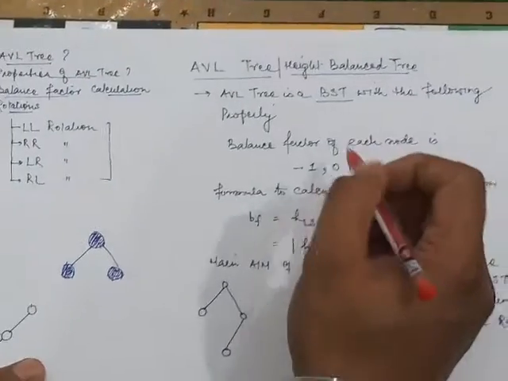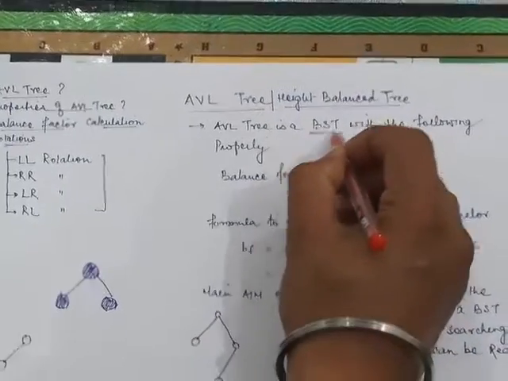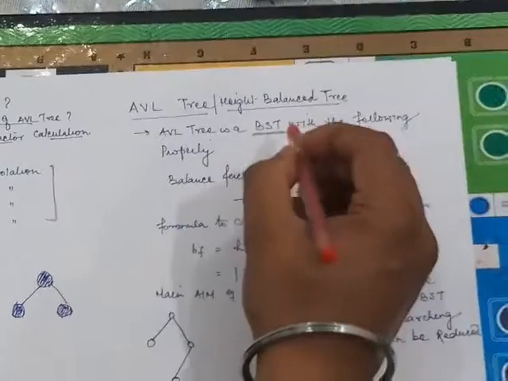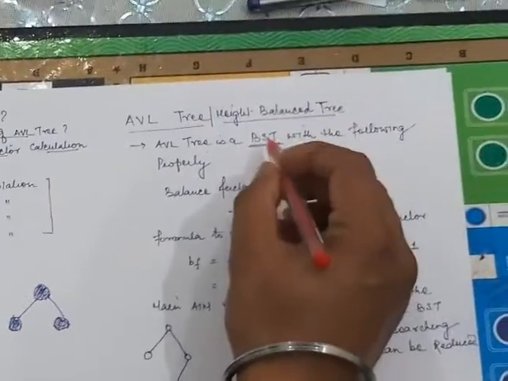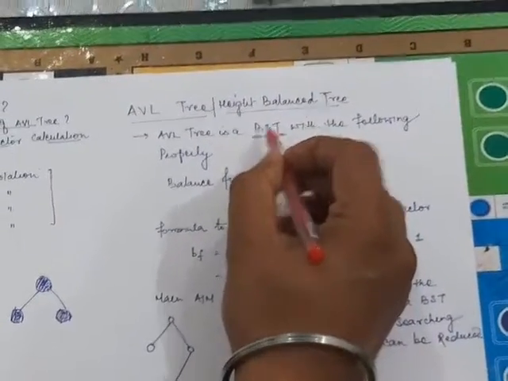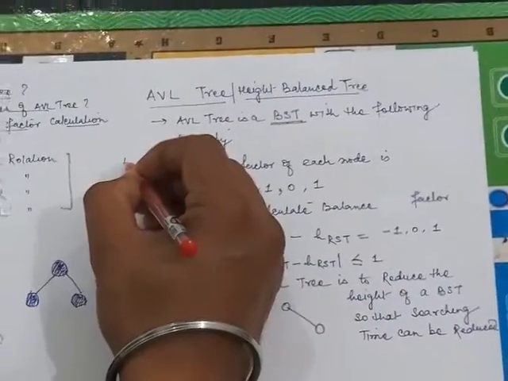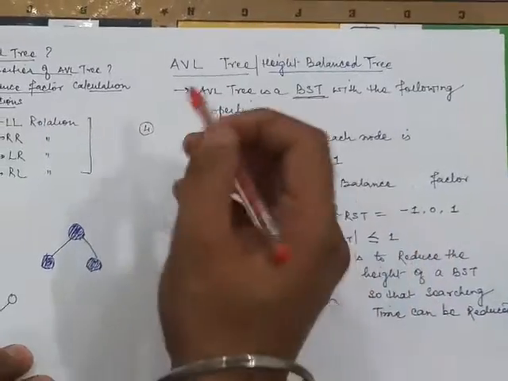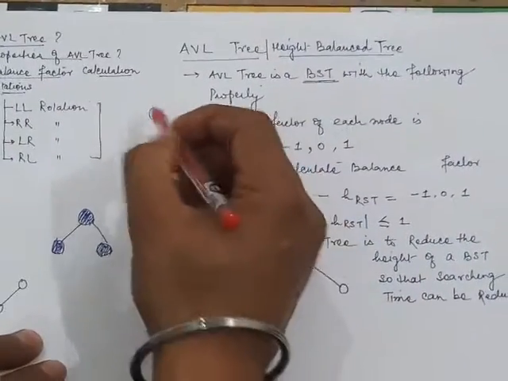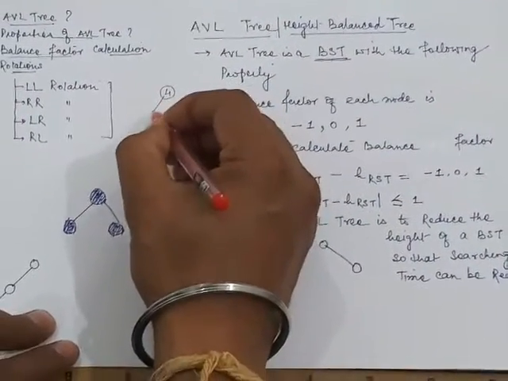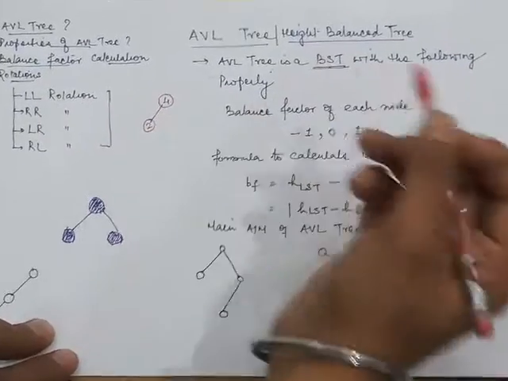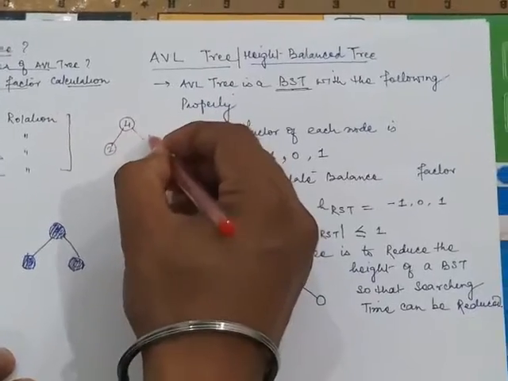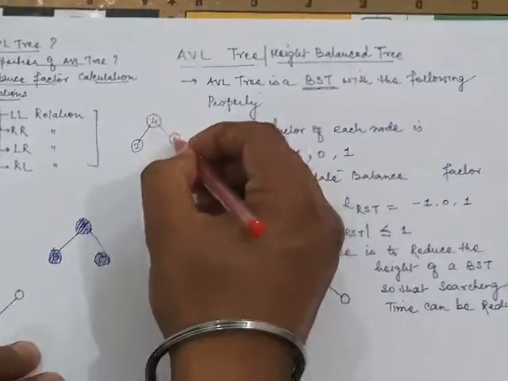So first of all, what is AVL tree? AVL tree is a binary search tree. So binary search tree means that it will follow the properties of BST. And what is the property? That if we have a node whose key is 4, so the values less than 4 will go on the left subtree, for example 2, and values greater than 4 will go on the right side of the root, for example 6.